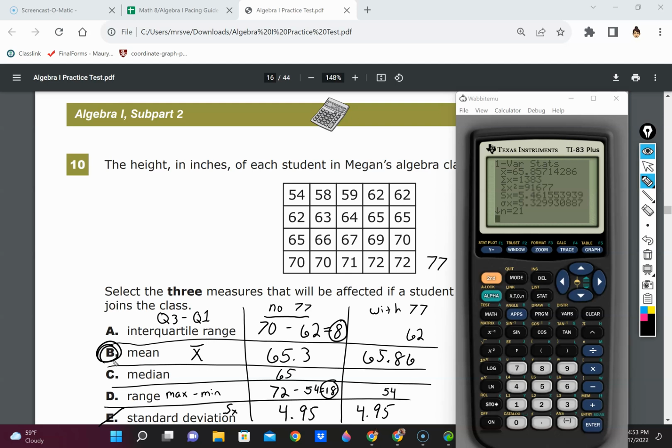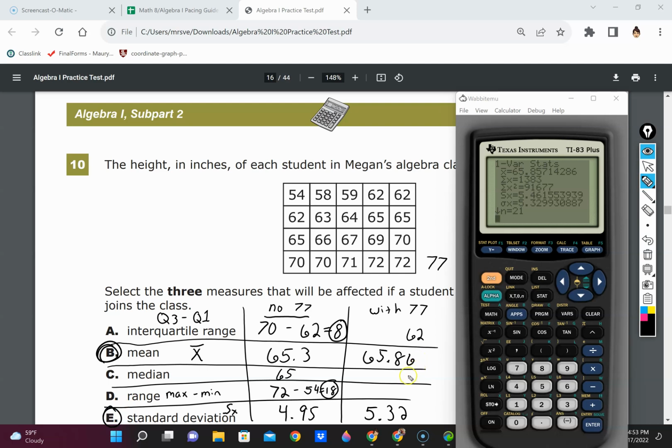I must have pulled up the last statistics. So the standard deviation did change to 5.32. I'm not sure what I clicked there. Your average is changing.